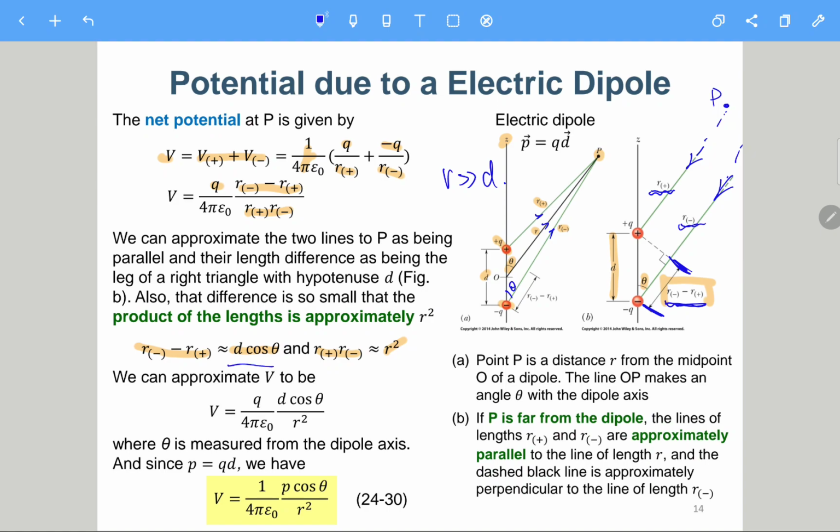So we make this approximation and substitute to here, so that we have V equals Q over 4 pi epsilon naught times D cosine theta over R squared.